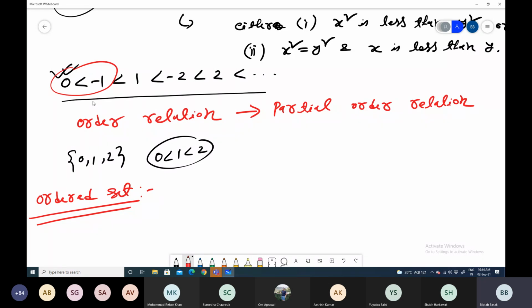So you can count 0, -1, 1, -2, 2, -3, 3. In this way, you can count. Therefore, you can say that it is a countable set. So there you are giving a new ordering. Similarly, when you prove that the rational numbers are countable, then also you can give a new ordering there. And we will see all of these orderings.